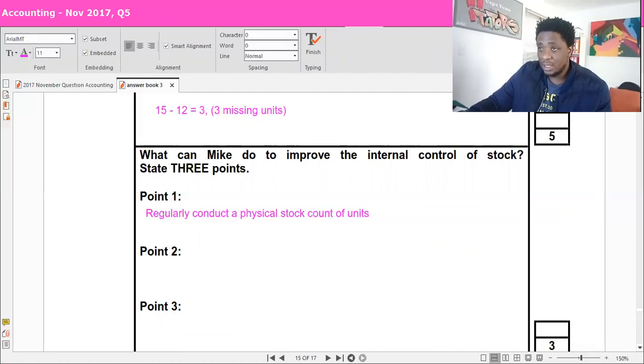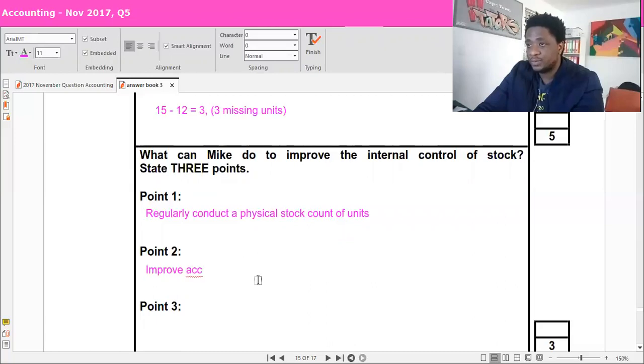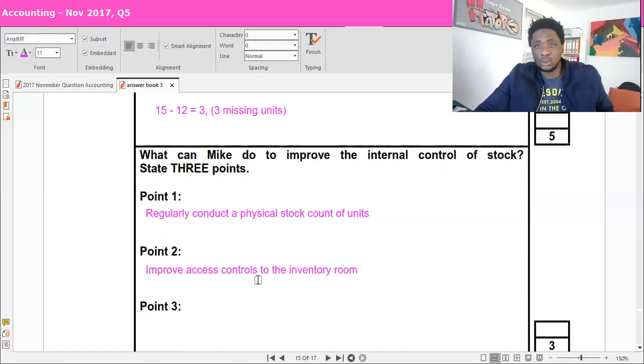And then the other one that I think of is improve access controls to the inventory room. So you want to make sure that you control who can access the inventory room.